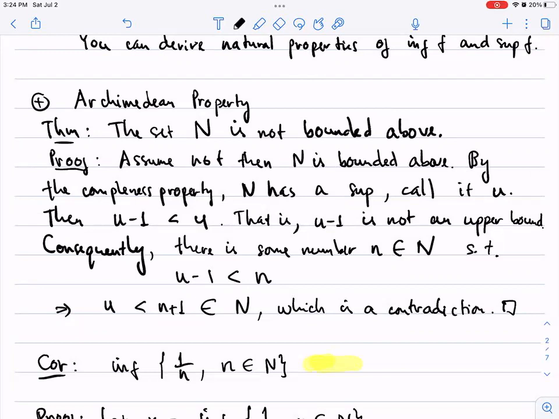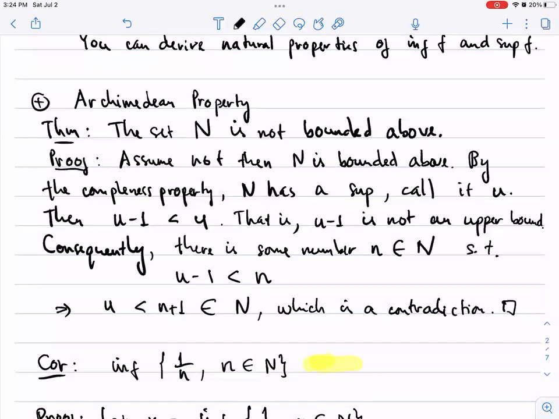Using the order property again, we deduce that u here is smaller than n plus 1. Now, the key observation is that n is a natural number. That's why n plus 1 is also a natural number. Why? Because the set of natural numbers is defined exactly in this way.